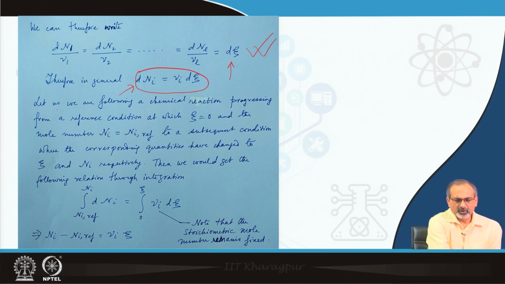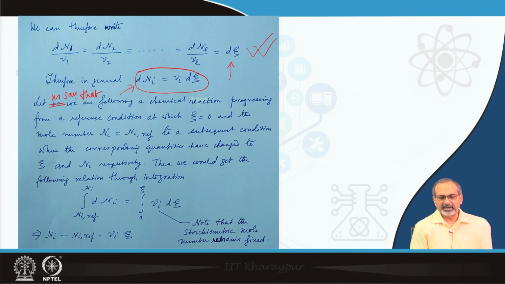Let us say that we are following a chemical reaction progressing from a reference condition at which xi is equal to 0 and the mole number ni is equal to ni at a certain reference state, to a subsequent condition when the corresponding quantities have changed to xi and ni respectively.